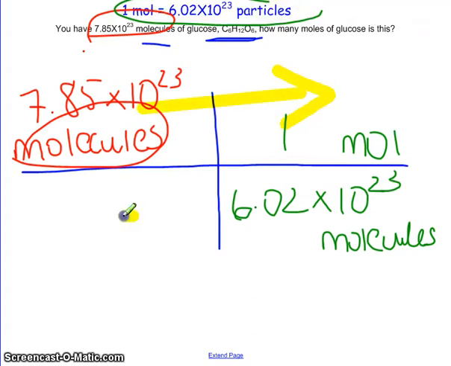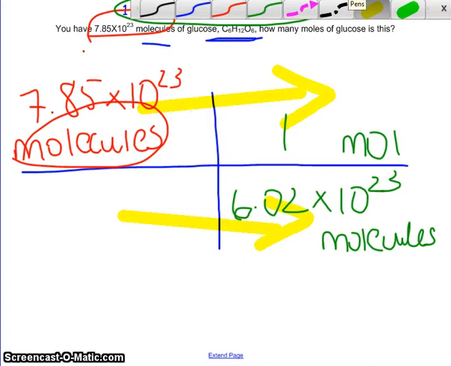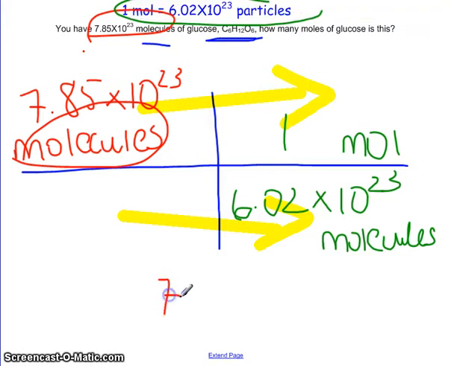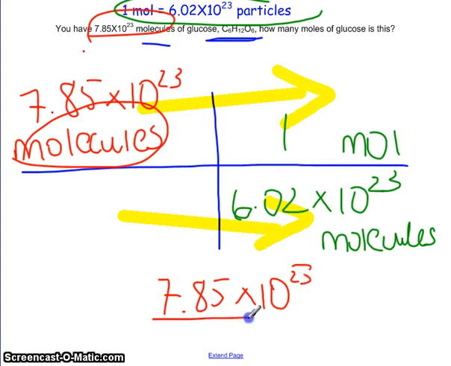Multiply across, and we'll get 7.85 times 10 to the 23rd times 1 is going to be 7.85 times 10 to the 23rd over 6.02 times 10 to the 23rd.